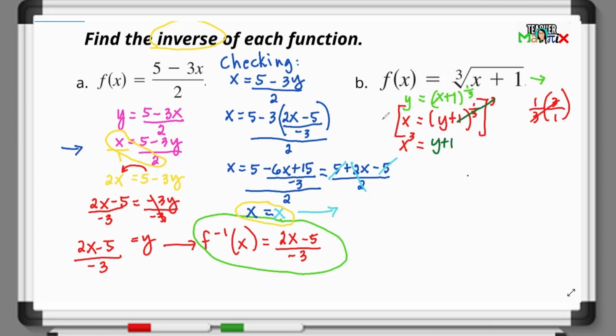So, meaning, dapat yung matira is y talaga. So, we have to transpose 1. So, x raised to the power of 3 or x cubed. Then, positive 1, pag matranspose mo yan, magiging negative 1. So, negative 1, y. Or, the inverse of the function is x cubed, negative 1.